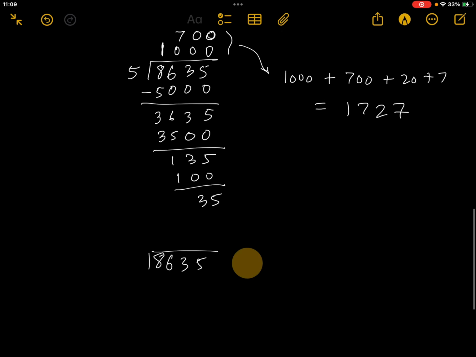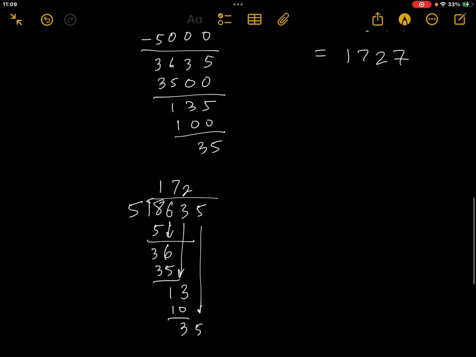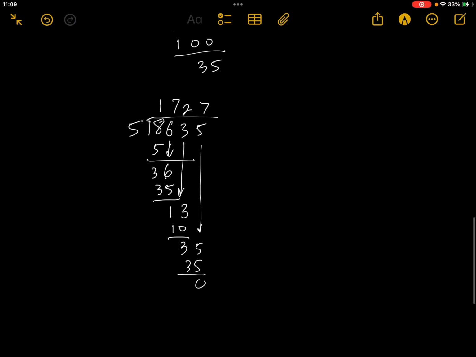The shorter way of doing it, which kind of skips more numbers, is to just do it like this, where you take the 1 above the 8, put a 5 down, subtract, 8 minus 5 is 3, you bring down the 6, and then you repeat. 5 times 7 is 35, subtract, you get 1, bring down the 3, 5 times 2 is 10, 13 minus 10 is 3, bring down the 5, 5 times 7 is 35, subtracting you get 0, so 5 times 1,727 is 8,635.